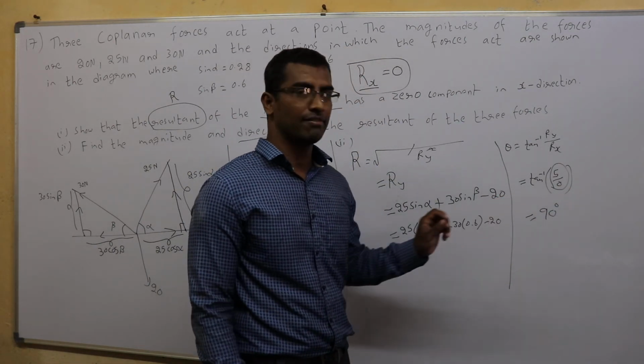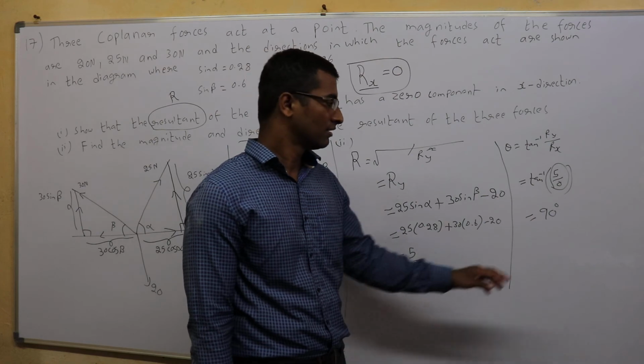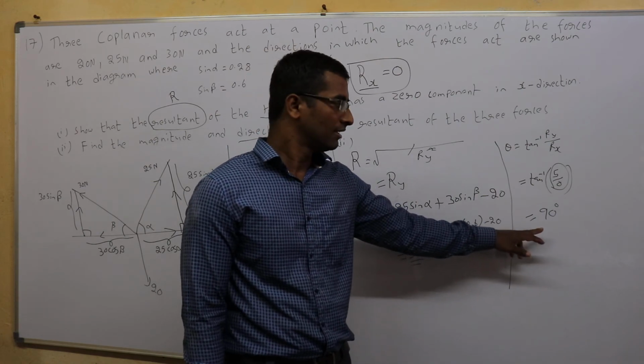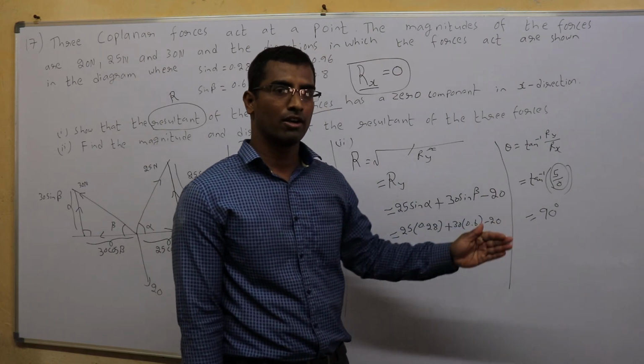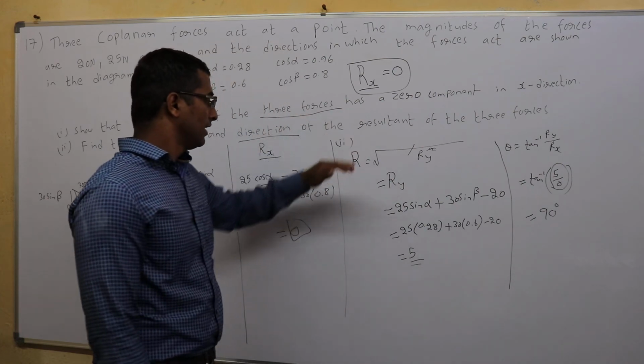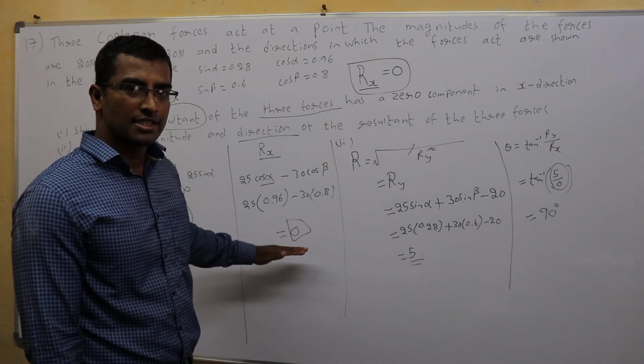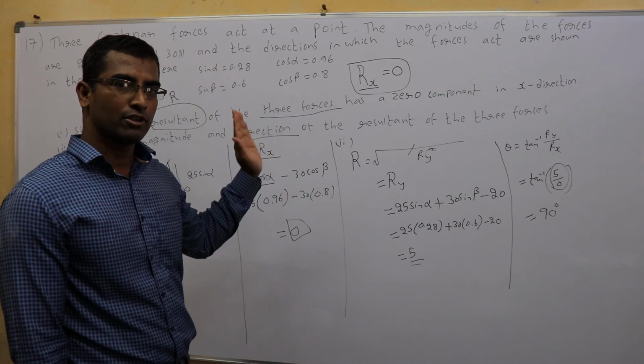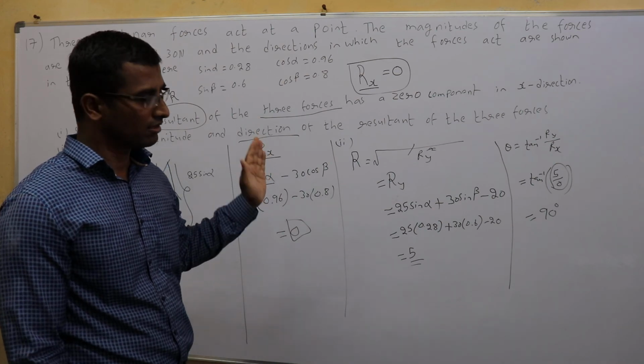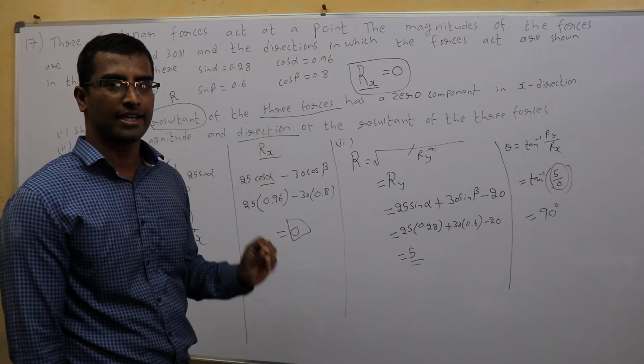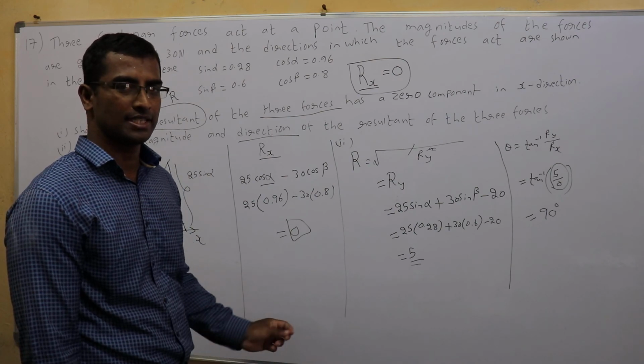Tan is not defined whenever the angle is 90 degrees. So theta is 90. In this way you can find it, or else, the resultant on the x-axis is 0. That means the entire force is acting on the y-axis. Directly also you could have told the angle is 90 degrees. Is it clear?